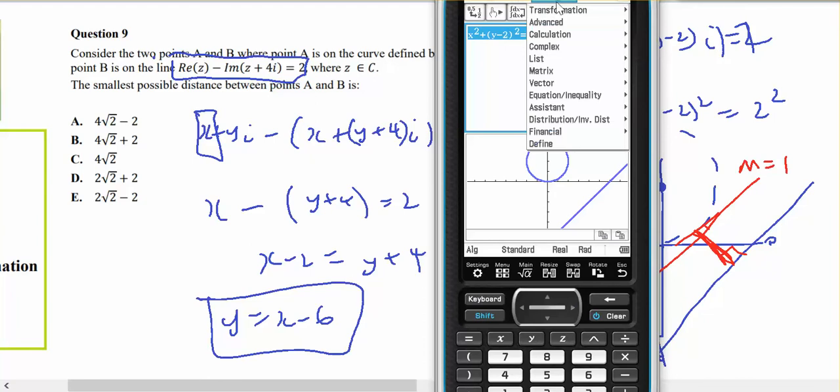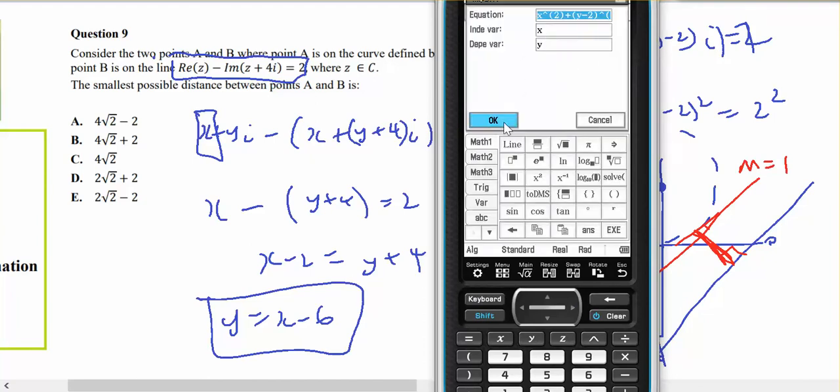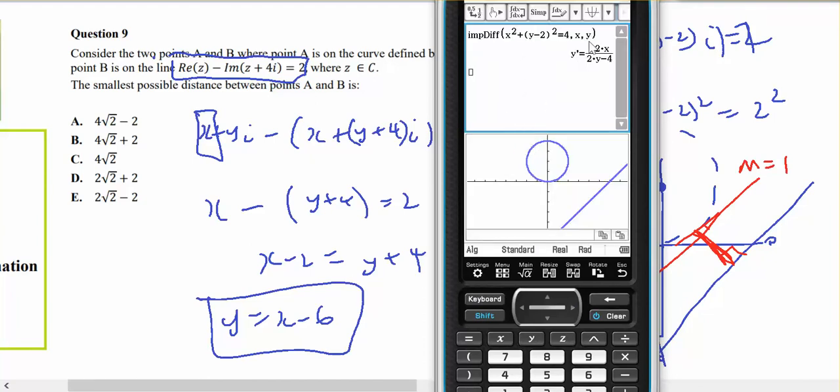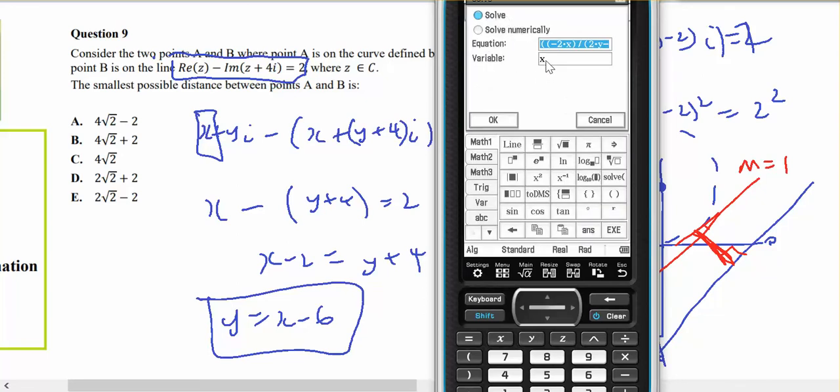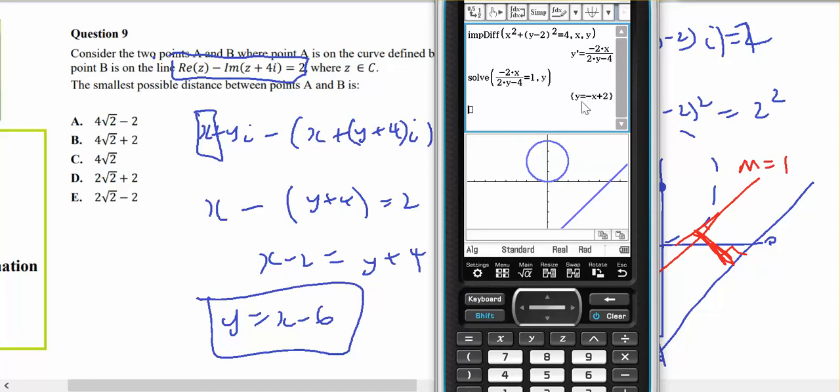So if I go interactive calculation, implicit differentiation, and I set that equal to 1, and say solve for y, so that's an expression that will be on the circle where the gradient is equal to 1.